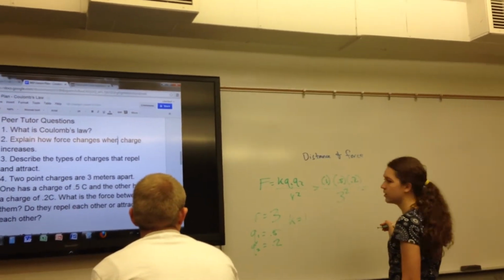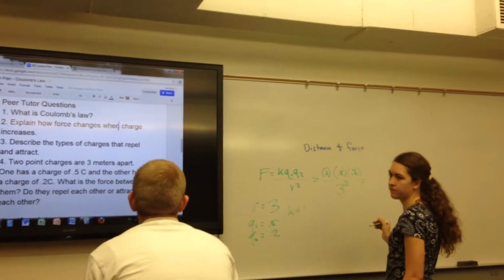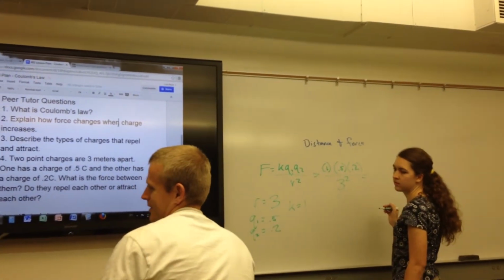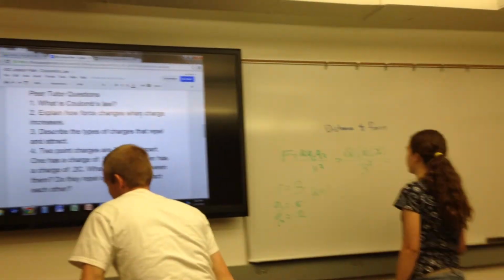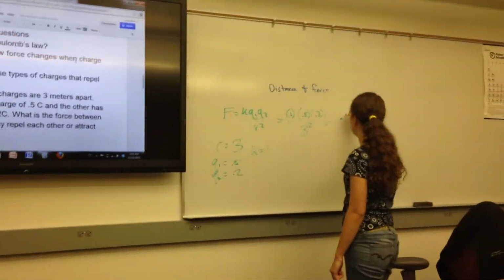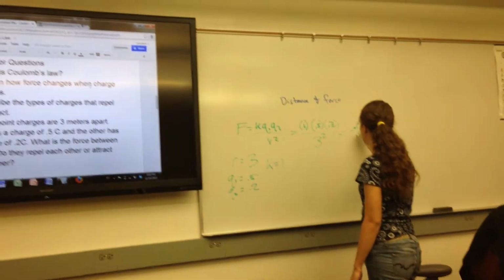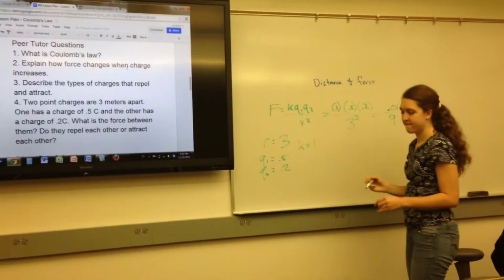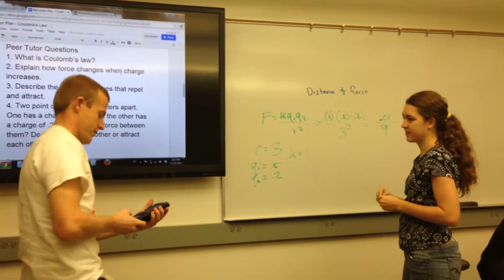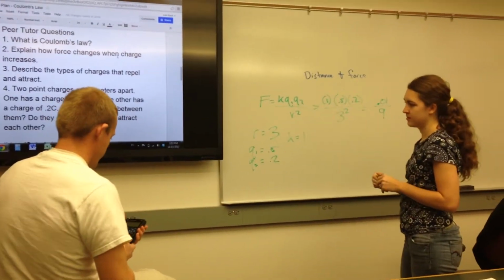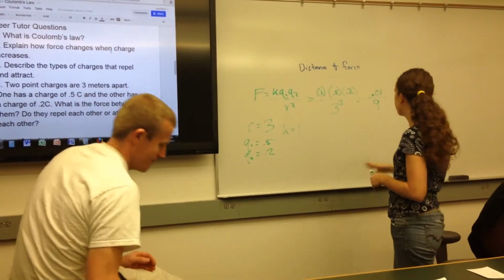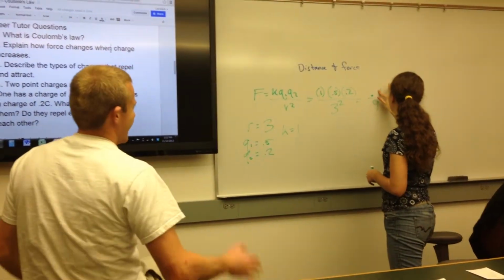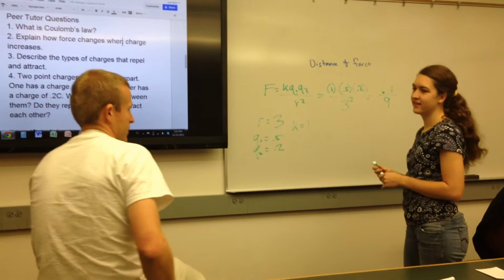Isn't it 0.01? Maybe it's 0.01. Why 1 over 9?